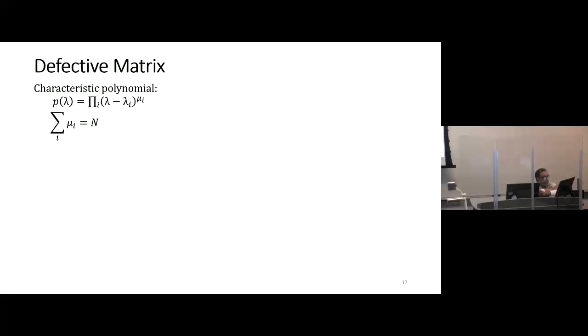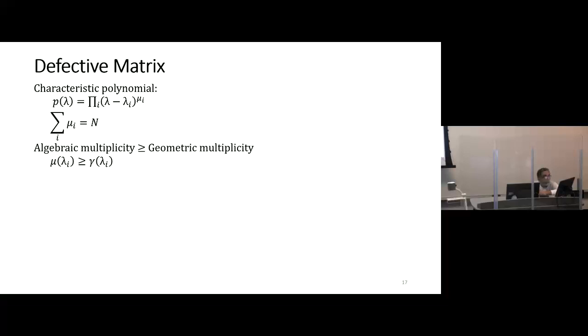Defective matrix. This is the characteristic polynomial, and the summation of the algebraic multiplicities of the eigenvalues should be equal to n. Now, I said that the algebraic multiplicity is greater than or equal to the geometric multiplicity, right? So mu of lambda i is greater than or equal to gamma of lambda i.